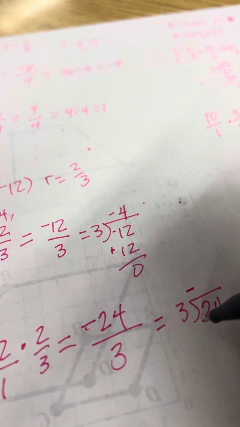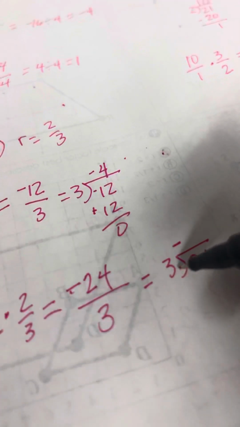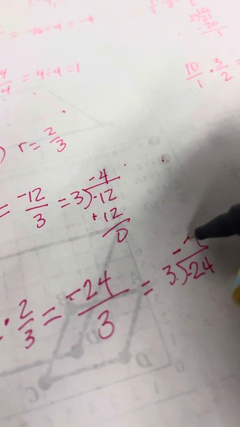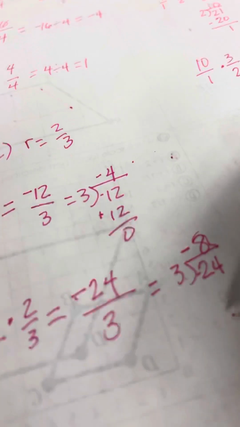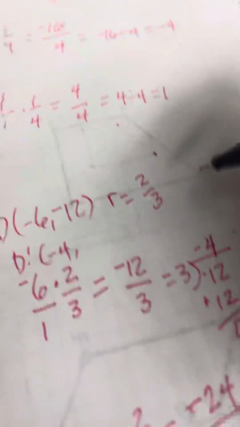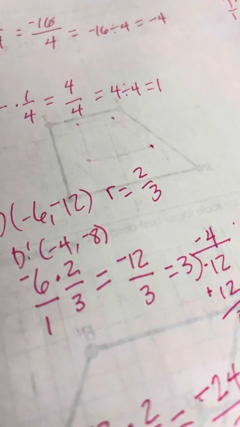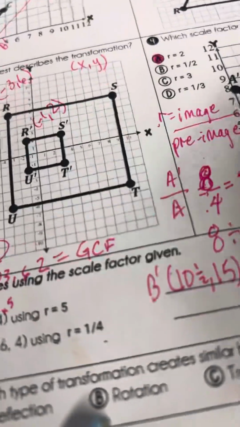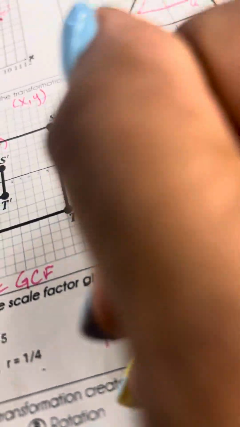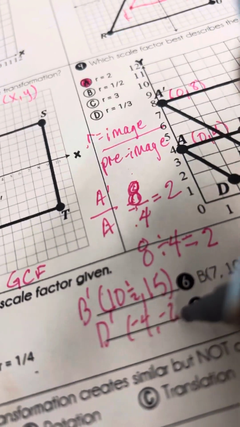I know my answer is going to be negative, because a negative divided by a positive is a negative. And I know that 8 times 3 is 24. So I don't have a remainder. And it's -8. So -8 for D prime. All right, let's turn this back over and write our answer on our paper. So we have D prime is -4, -8.